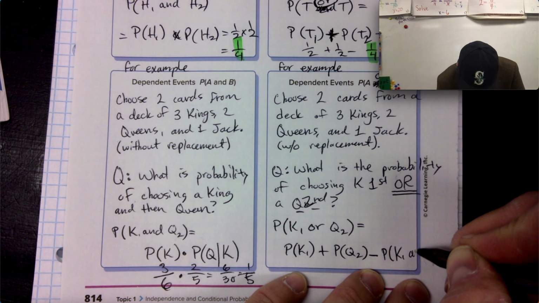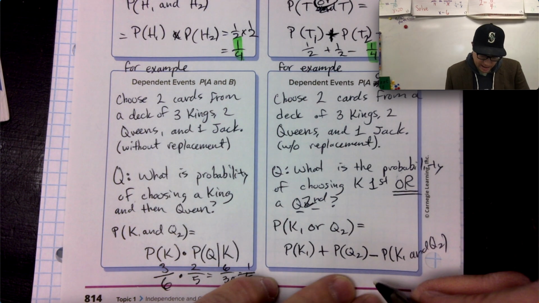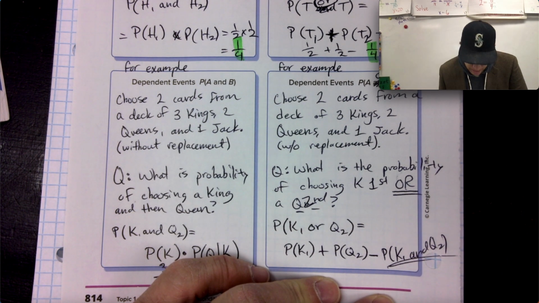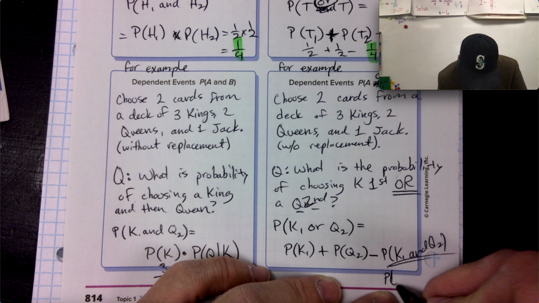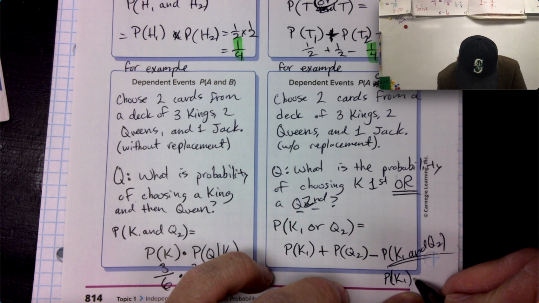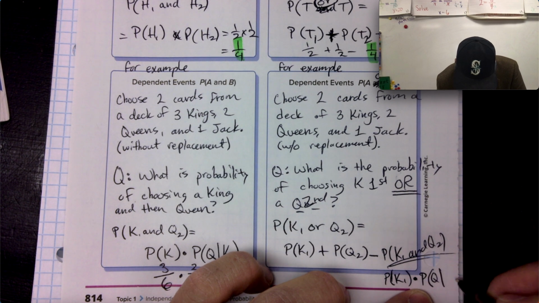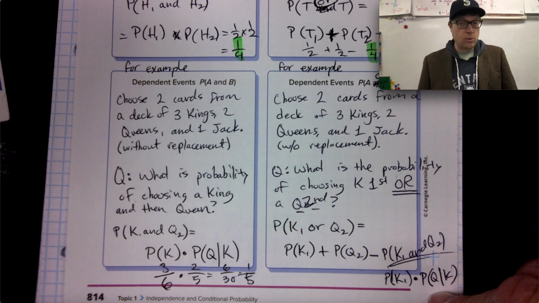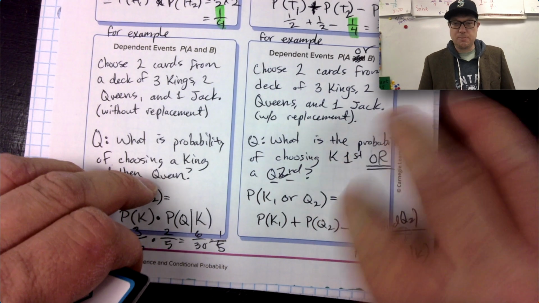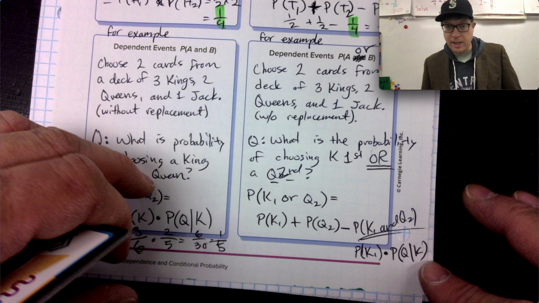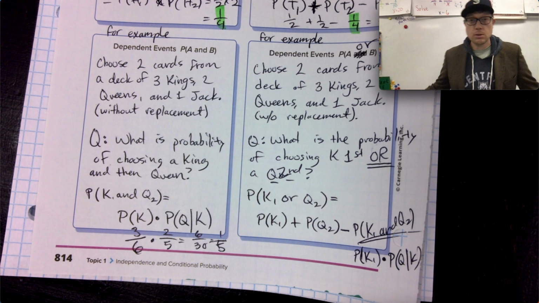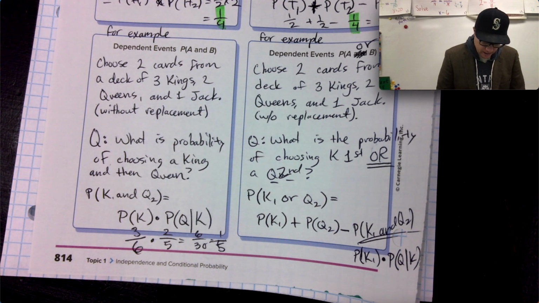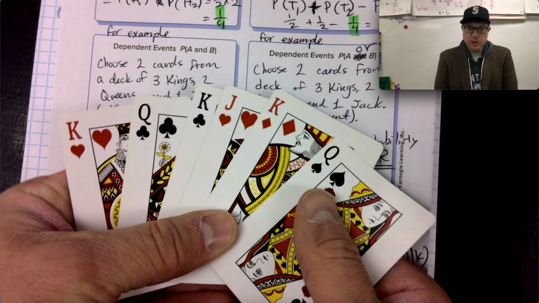King going first and queen going second, which this one right here is that given conditional probability. So it's probability of a king and the probability of a queen given it was a king. This whole thing right here is a mess, but that's all right. Draw the sample space. I just don't have enough space in my space to draw the sample space. You're with me on that. Okay. Drawing a king first.